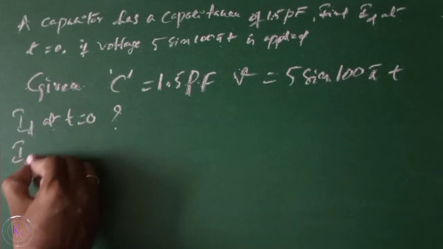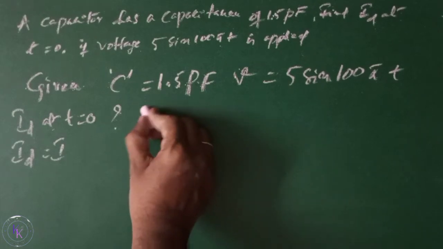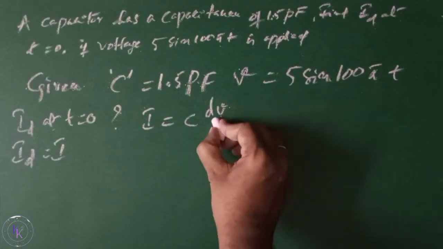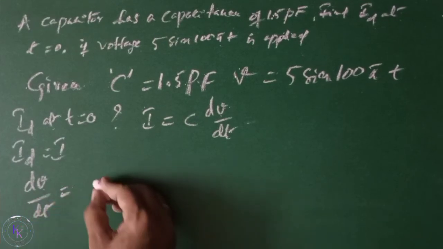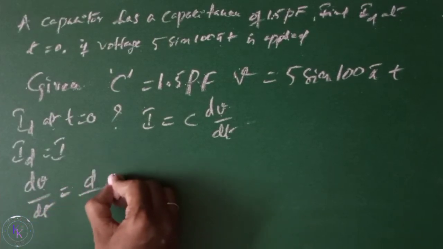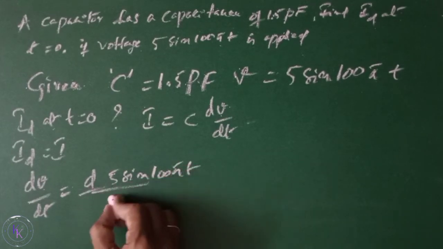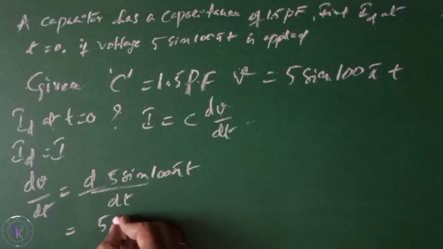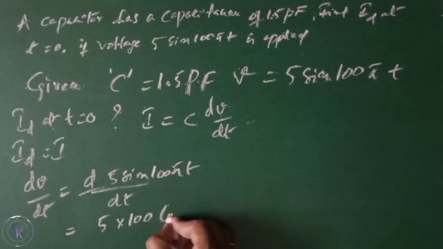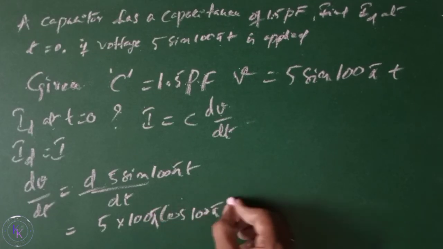Since ID equals I, that is the conduction current, let us find the conduction current. Then I is given by C dV by dt. dV by dt equals d(5 sin 100 pi t) divided by dt, which is 5 into 100 pi cos 100 pi t.